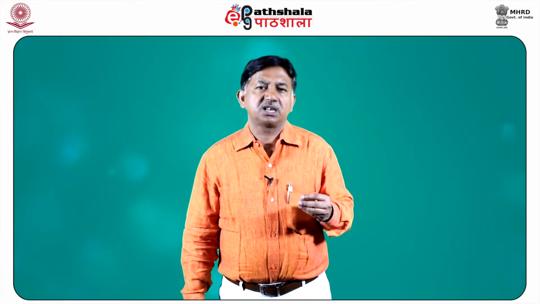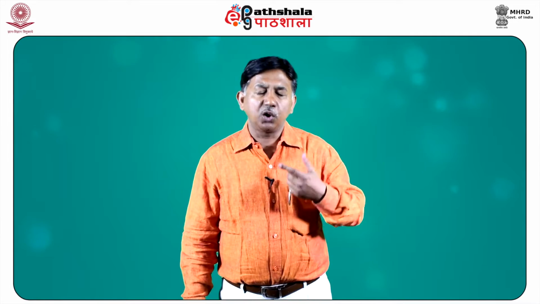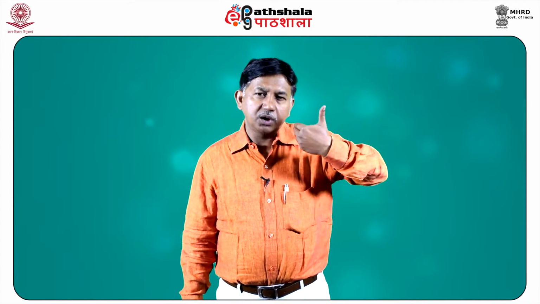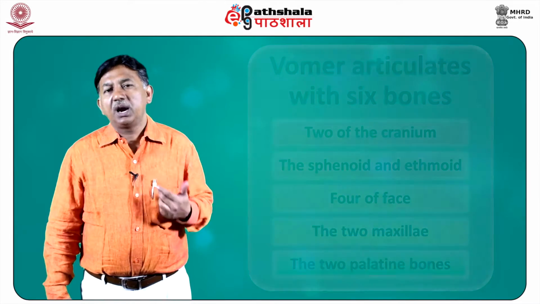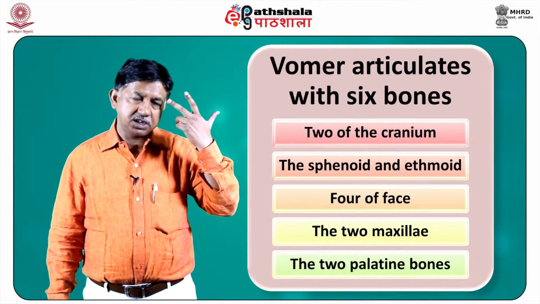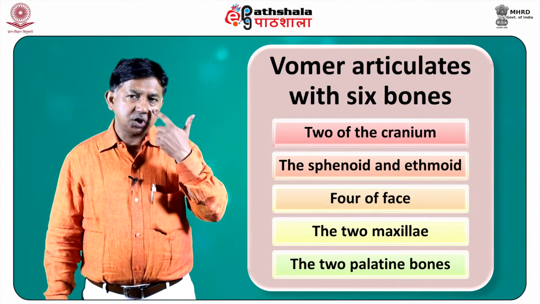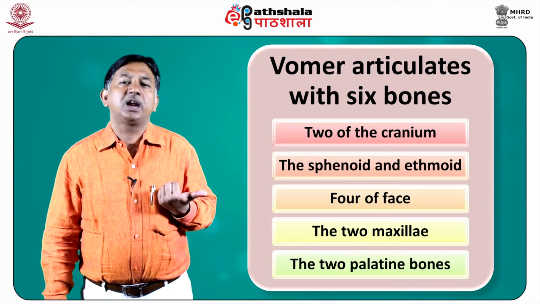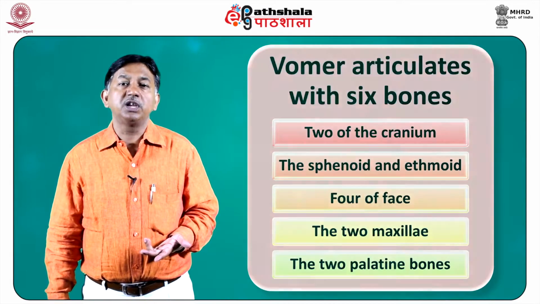It is thin, somewhat quadrilateral in shape and forms the hinder and lower part of the nasal septum. If we see the articulations of the vomer, it articulates with 6 bones, 2 of the cranium, that is the sphenoid and ethmoid, and 4 of the face, that is the 2 maxillae and the 2 palatine bones. It also articulates with the septal cartilage of the nose.